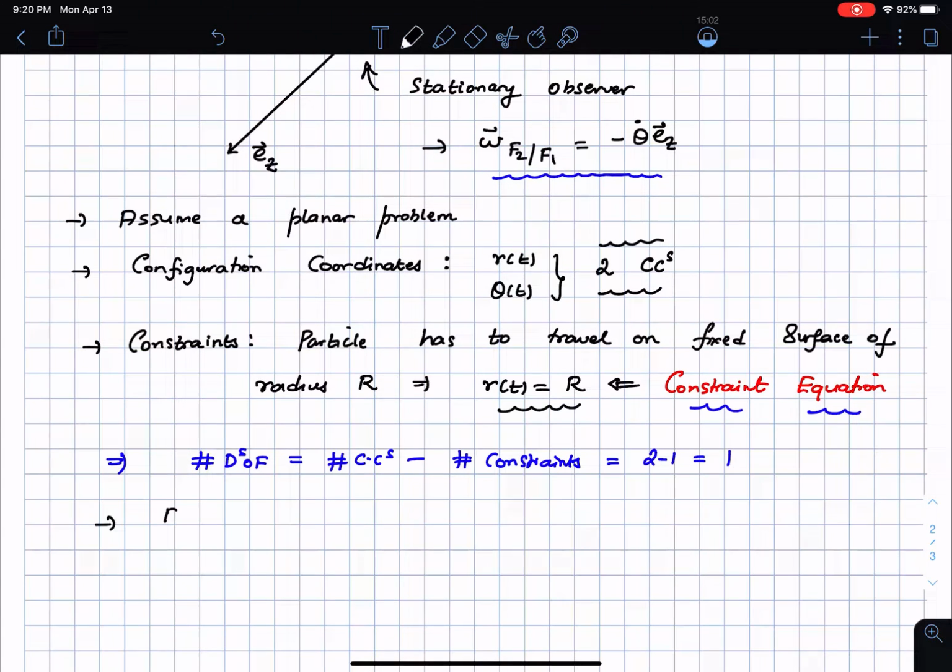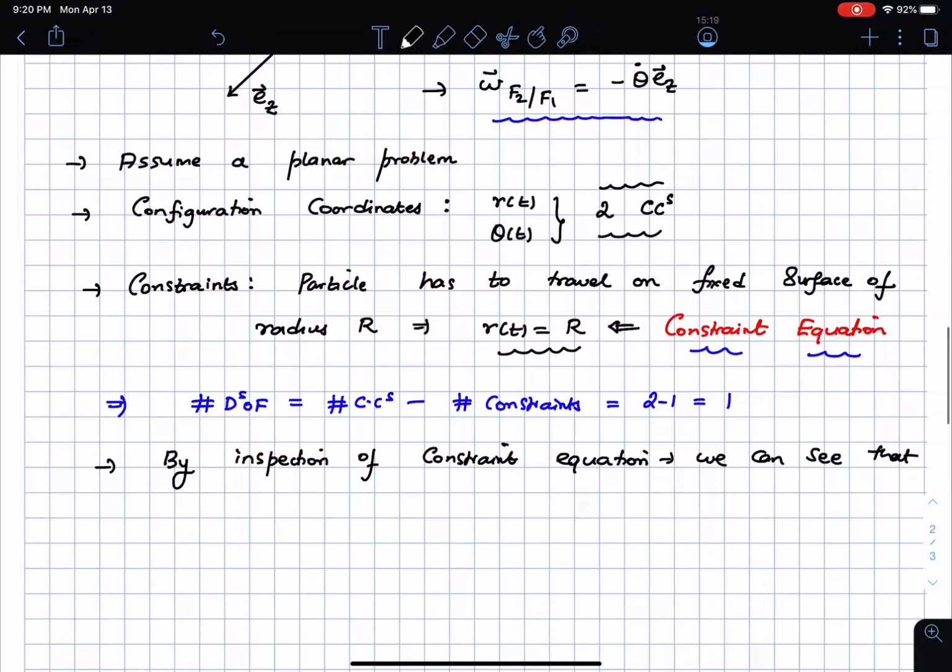By inspection of the constraint equation, we can see that the system is holonomic. That is, the constraint is a geometric constraint.